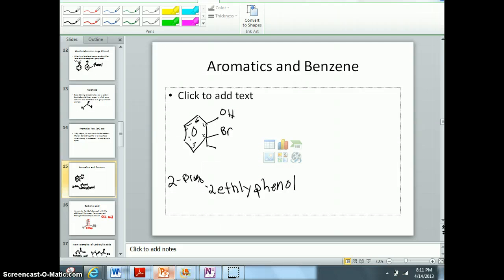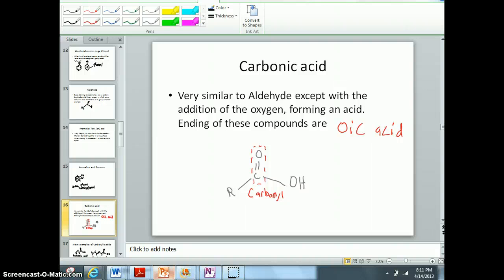Alright. Moving on. Carboxylic acids. Carboxylic acids are, as we'll see later, up towards the top of the chart in terms of precedence. They're very similar to aldehydes, except with the addition of the oxygen, forming an acid. Any of these compounds are oic acid.